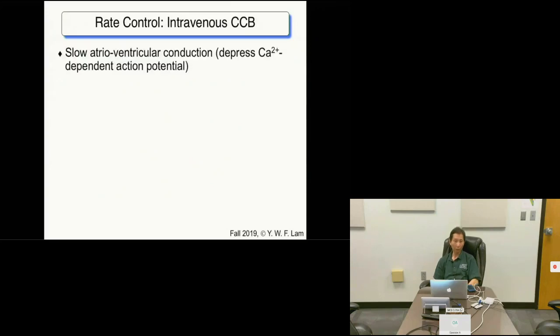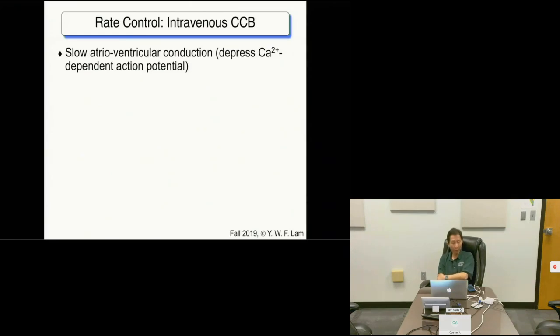So how do we control the atrial to ventricular rate in patients who have a high ventricular rate? Again, there are two different groups that are much more successful compared to digitalis. The first group is calcium channel blockers. Obviously, if you have a patient with a ventricular response rate of 120 beats per minute or so, most of the time you do want to give the calcium channel blocker or the beta blocker intravenously.